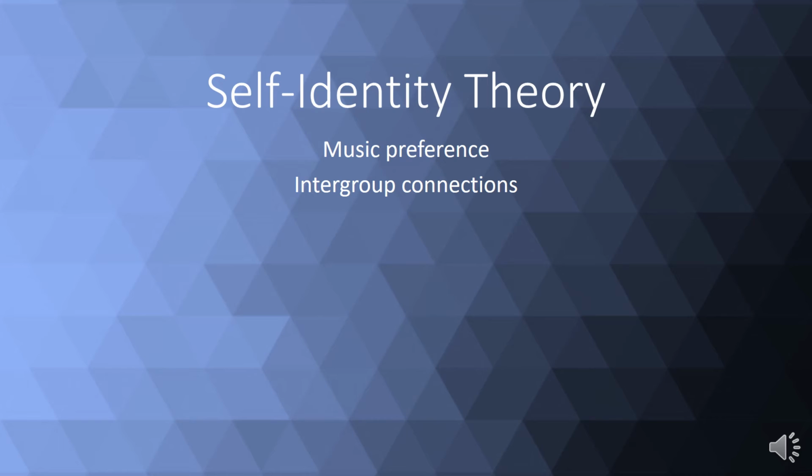Another interesting piece of self-identity theory is intergroup connections. What seems to motivate much in-group bias and intergroup discrimination is a favorable treatment of in-group members and not necessarily hostility towards out-group members. Sometimes this is where a church member can get caught.